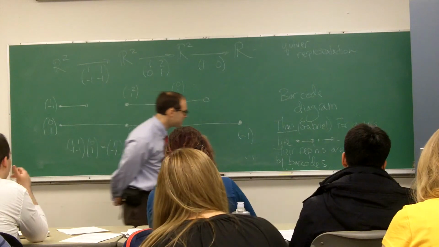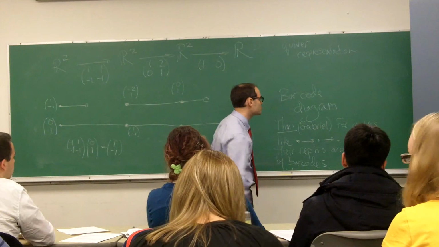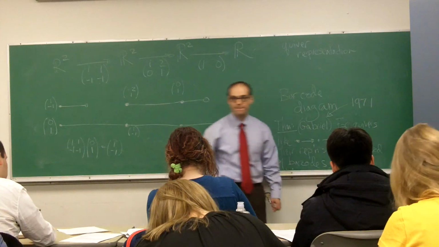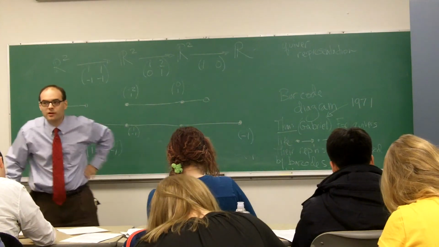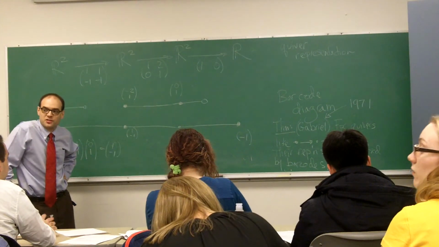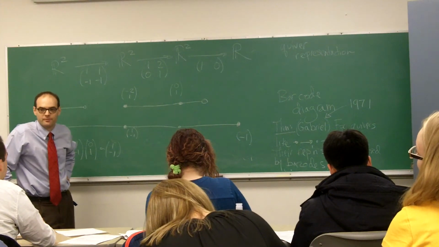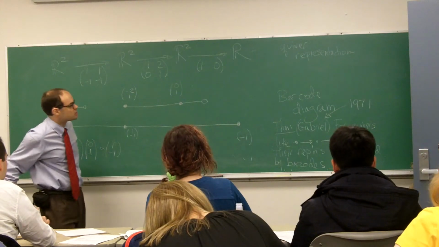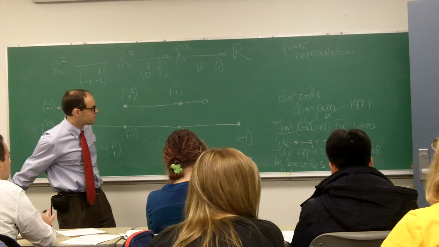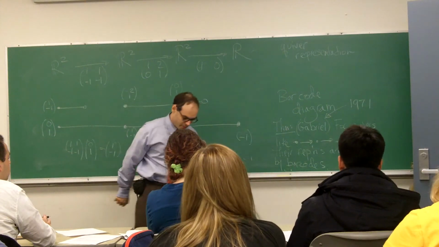In fact, Gabriel's theorem, which was proven quite recently, 1971, it's a fairly recent theorem, actually says a bit more. It says whenever the quiver is in the form of something called a Dynkin diagram, these things have interesting, strange, and somewhat mysterious shapes, then the representation is classified by barcodes.